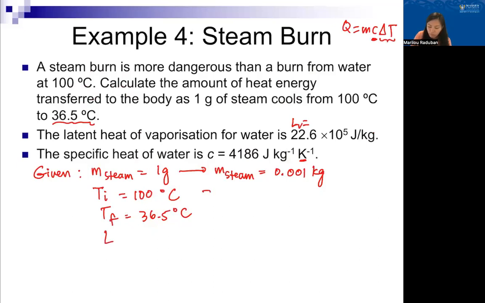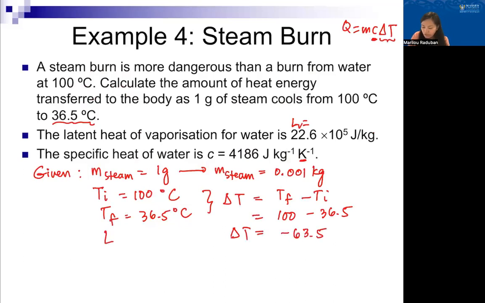We can get the change in temperature here: final minus the initial temperature, 36.5 minus 100, gives us a change in temperature of negative 63.5 degrees Celsius, which is also equal to negative 63.5 Kelvin.